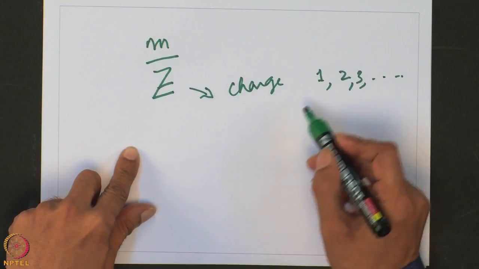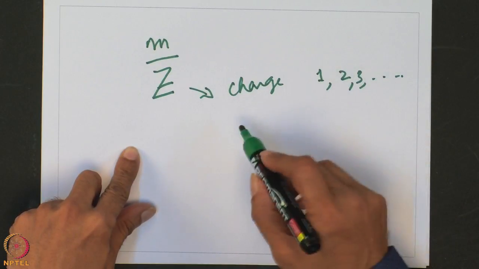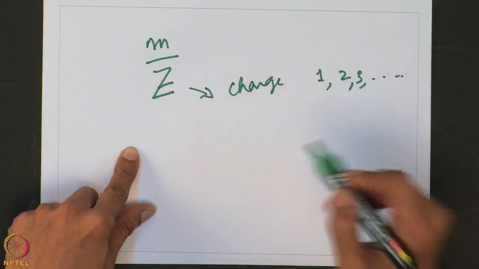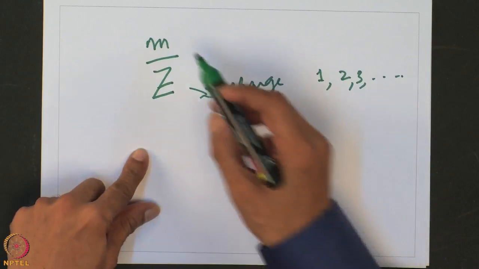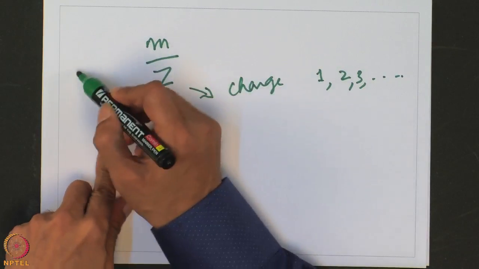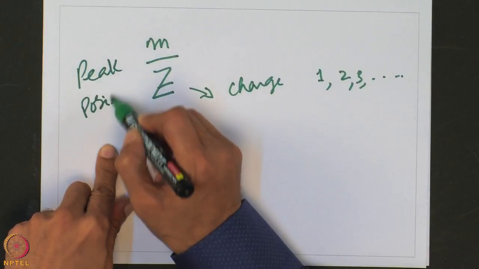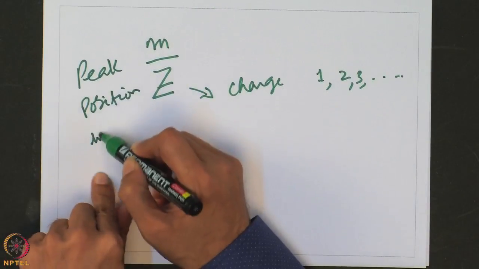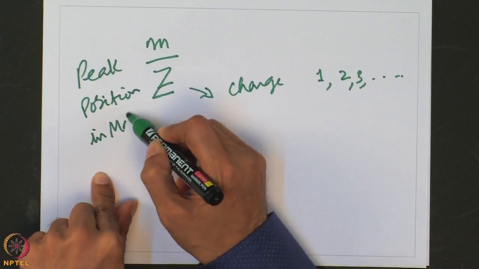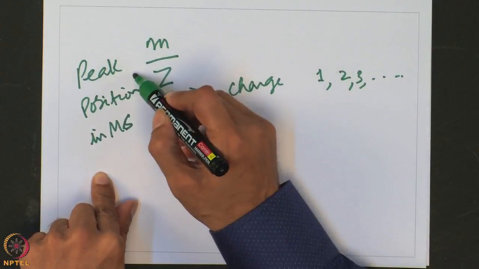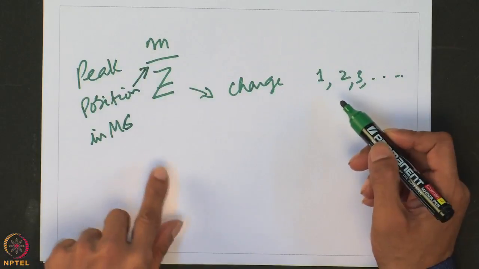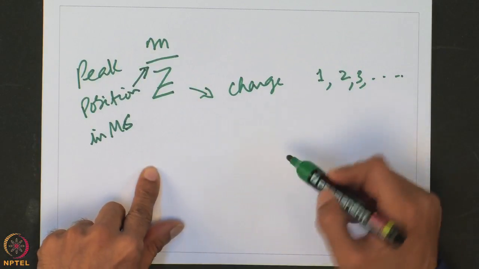If it is a negative charge, -1, -2, -3; if it is a positive charge, +1, +2, +3, etc. So, the peak position in mass spectrometry is referred to as m by z, where z refers to the charge.